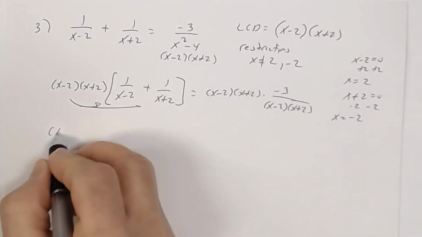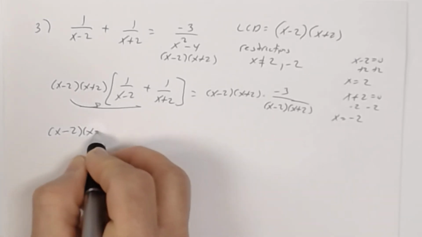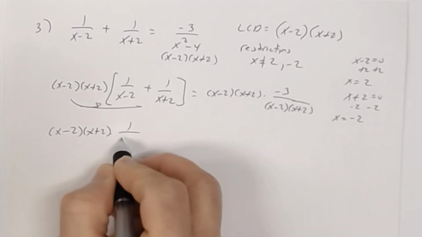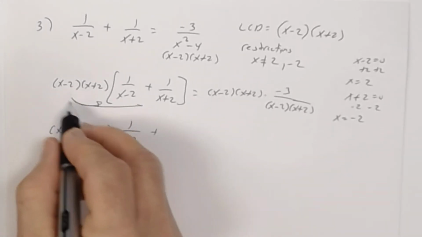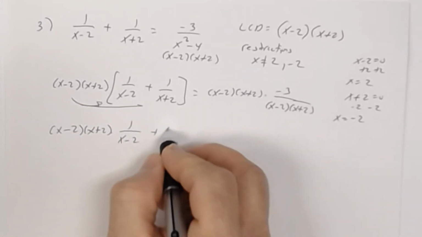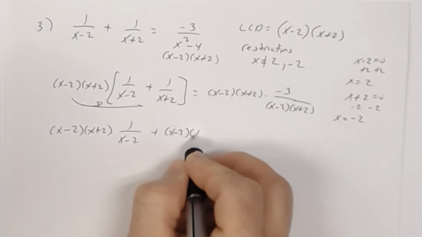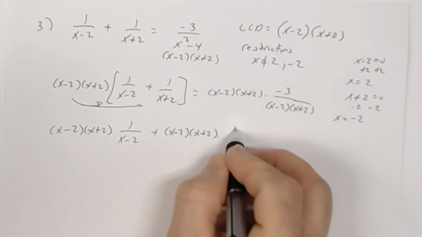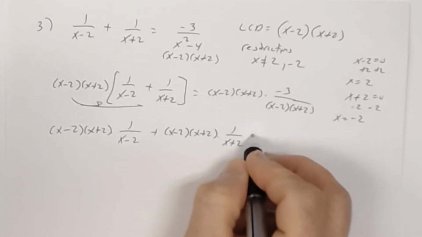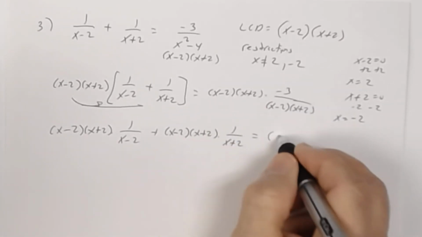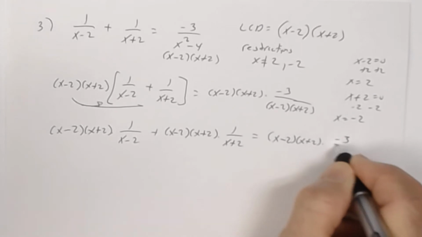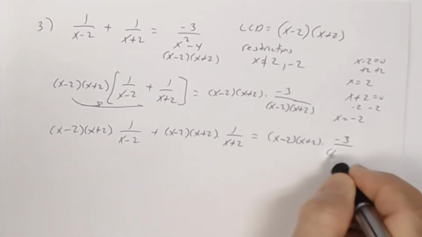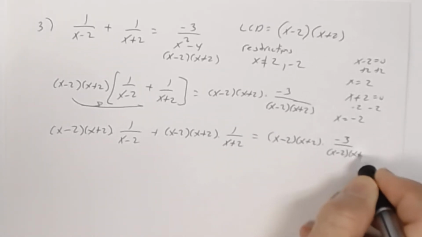So I have x minus 2 times x plus 2 times the first rational expression plus the LCD times the second. X minus 2, x plus 2 times 1 divided by x plus 2 equal, and let's go ahead and rewrite this over. X minus 2, x plus 2 times negative 3 divided by x minus 2 times x plus 2.